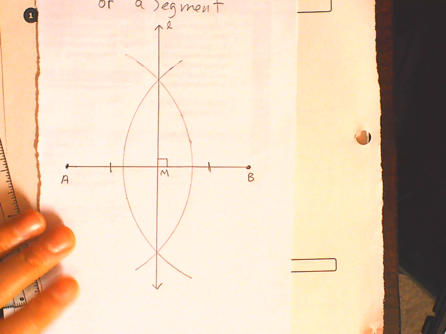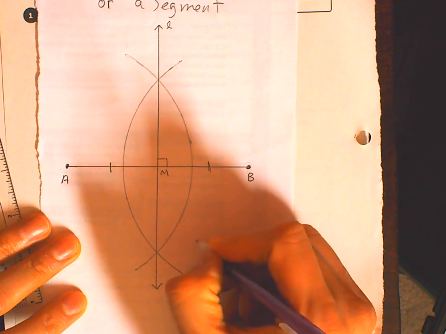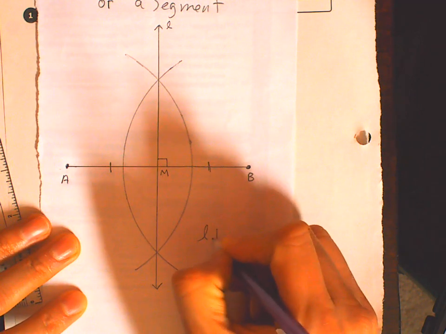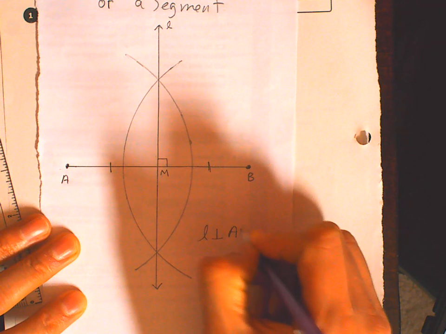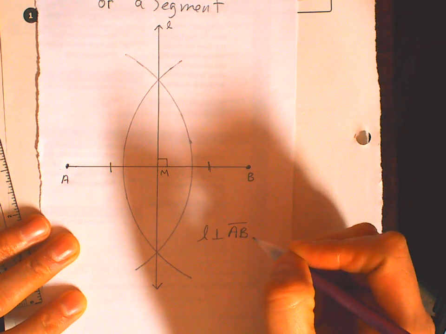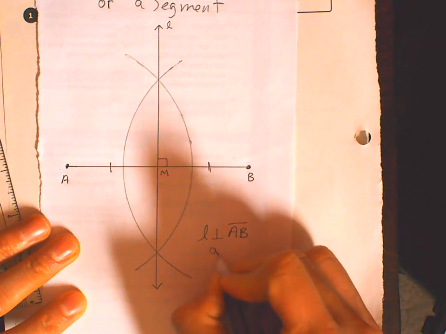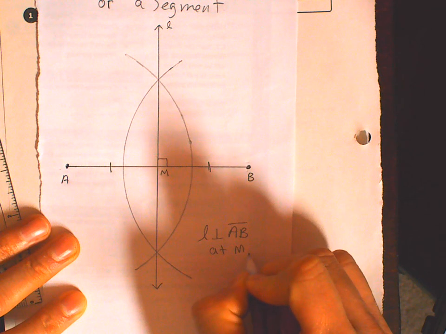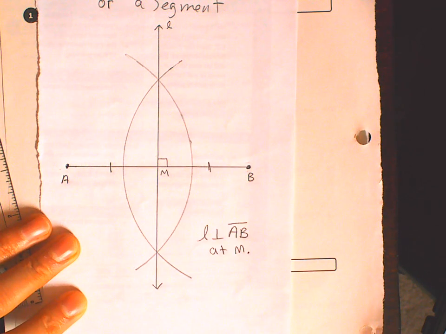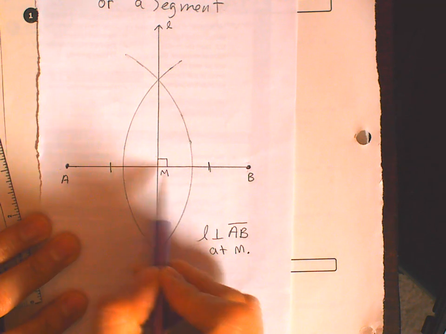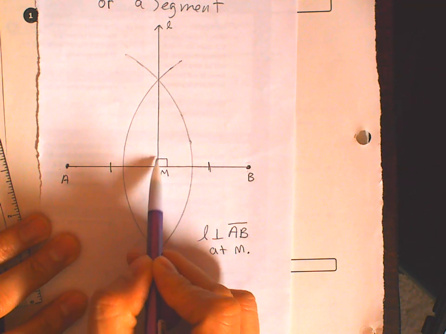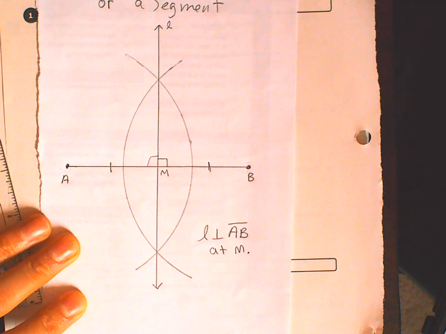Okay, so that is line L. What we just created is line L perpendicular to segment AB at point M. Therefore, you now have two angles. You have this angle here and this angle here, which is of course also another right angle.